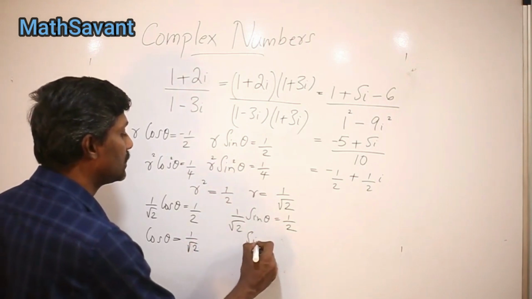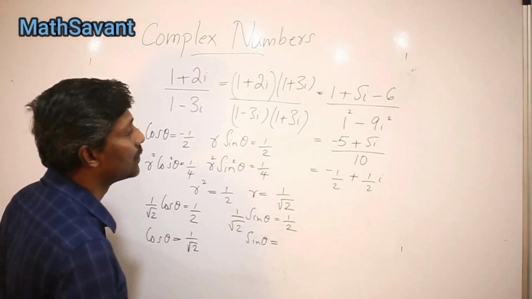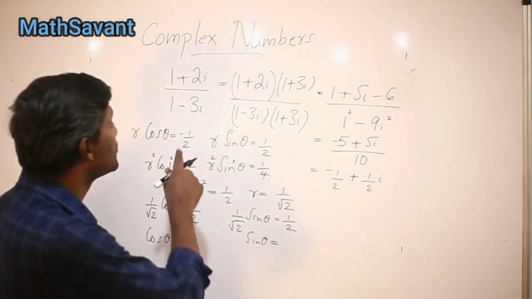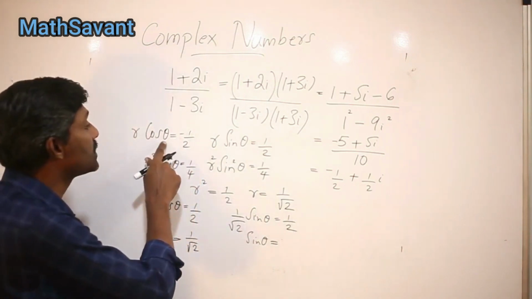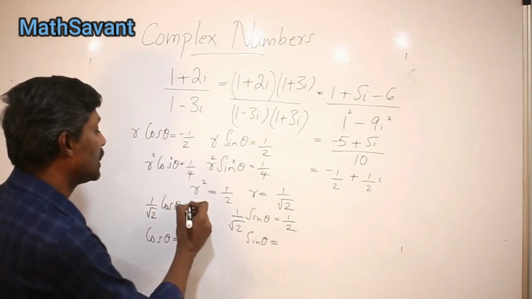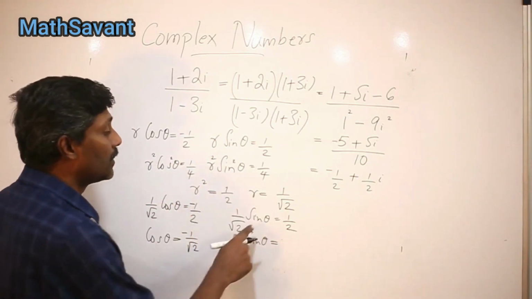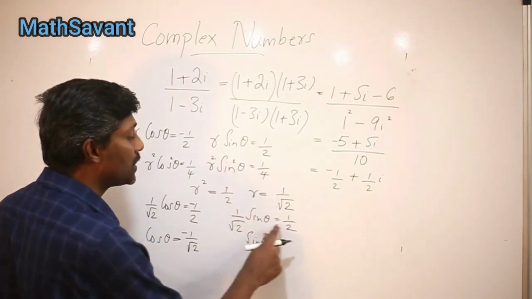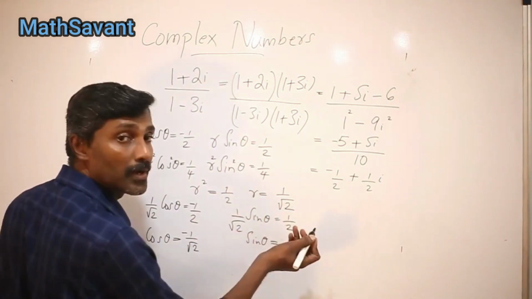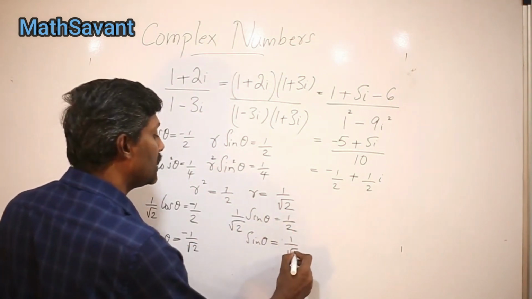Again sin theta is equal to, just a minute, I made a mistake I think. There is a minus here. Okay, r cos theta is equal to minus 1 by 2. So I missed the minus here, sorry for that. So there is minus here. Here we have sin theta is equal to again 1 by 2 divided by 1 by root 2, which is 2 by root 2, that is 1 by root 2.